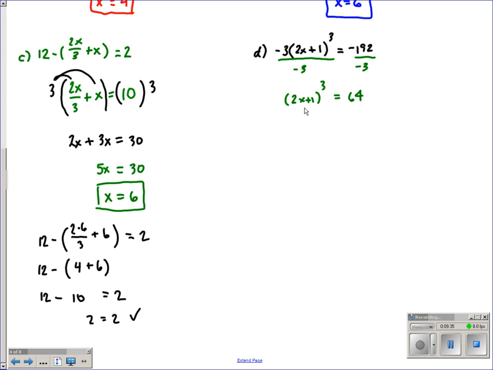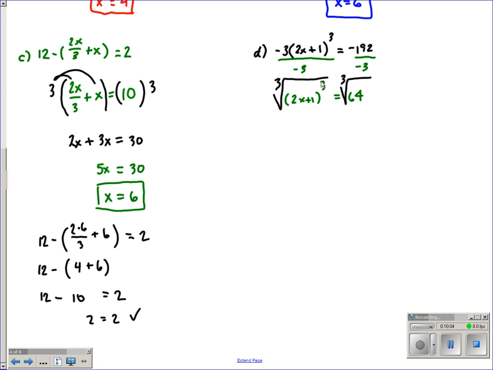Now, some of us haven't solved things with cubic expressions in them a lot. So remember, the inverse to cubing something would be the cube root. So I'm going to take the cube root of each side. We put your little 3 up there to indicate that it's the cube root, not the square root.